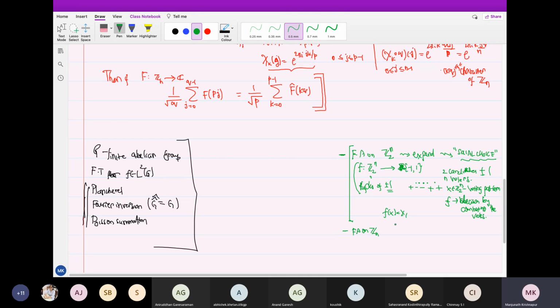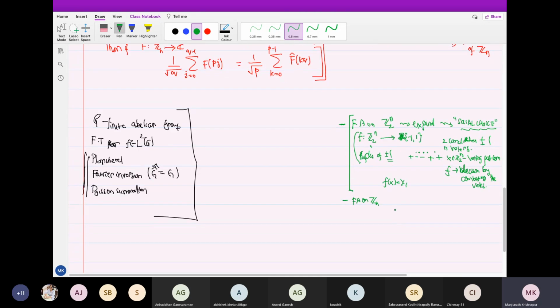And I will do a very interesting theorem called Dirichlet's theorem on primes in arithmetic progression. It is a stellar theorem, called the starting point of analytic number theory.